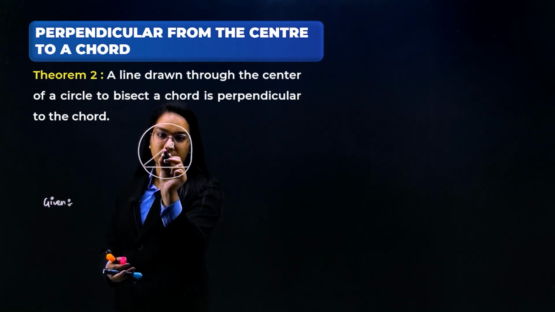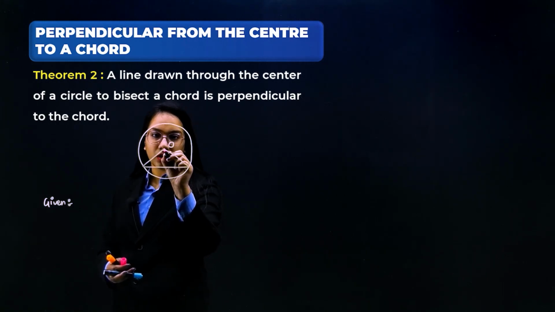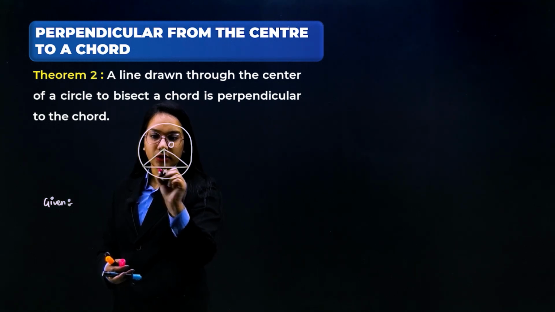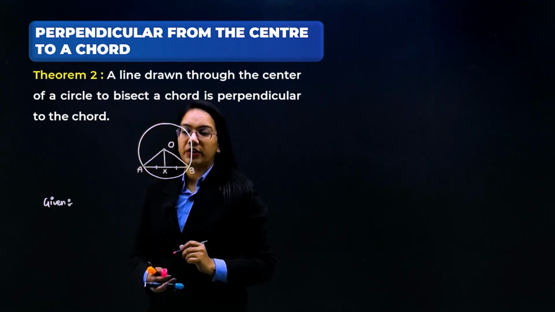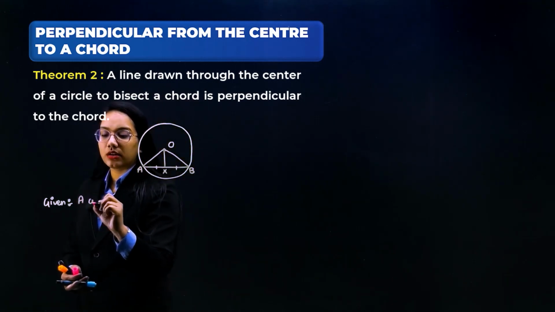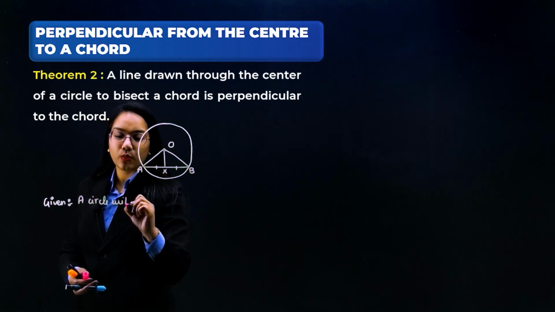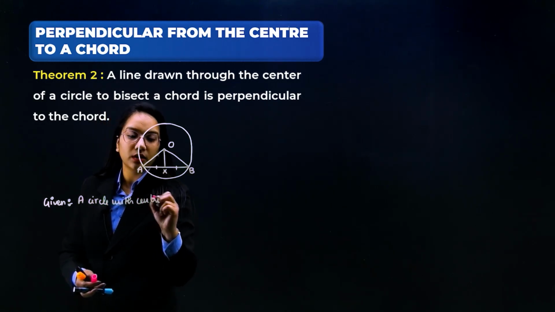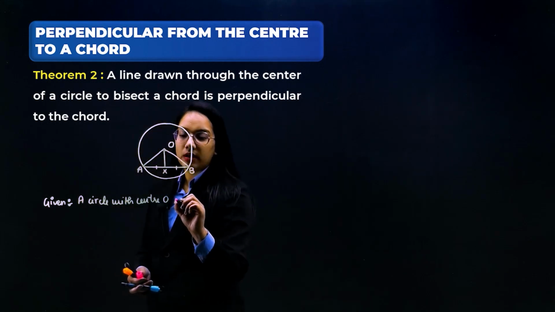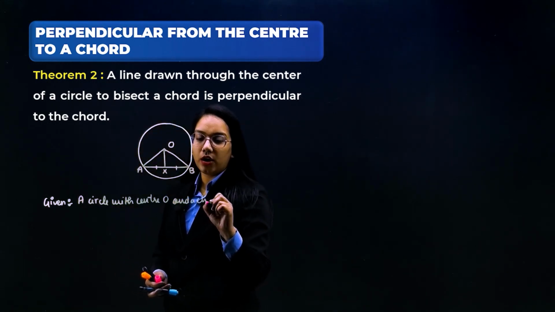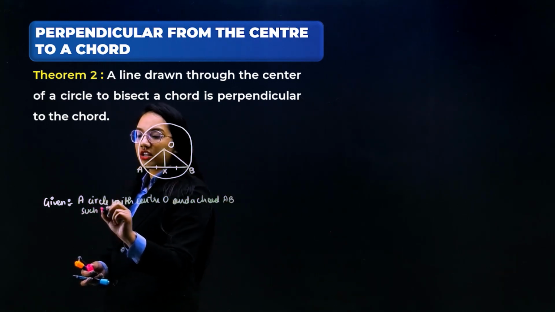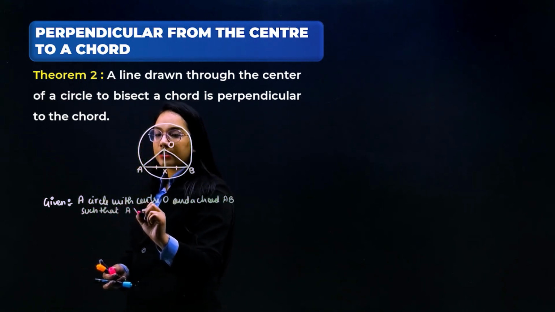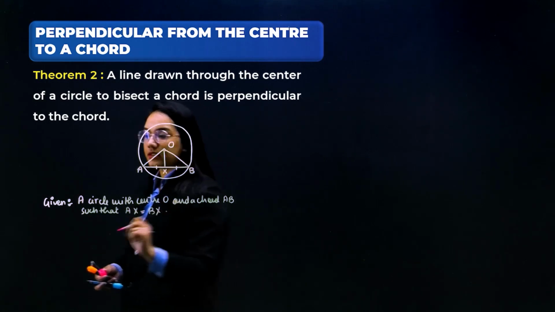So we have this, and I'm joining this over here and calling it X. I'm taking it as A, I'm taking it as B, such that this and this are equal to each other. So given is a circle with the center O and a chord AB such that AX is equal to BX.